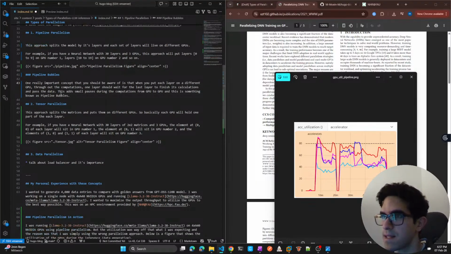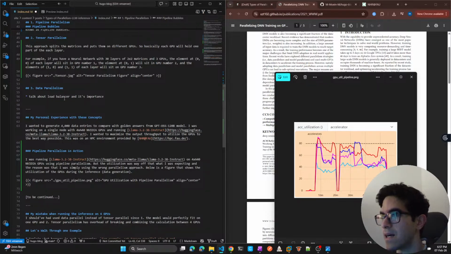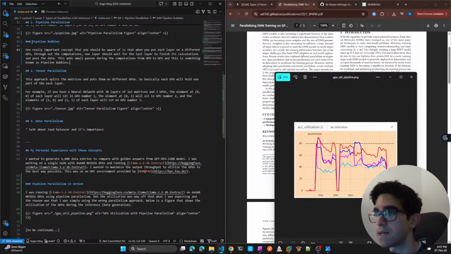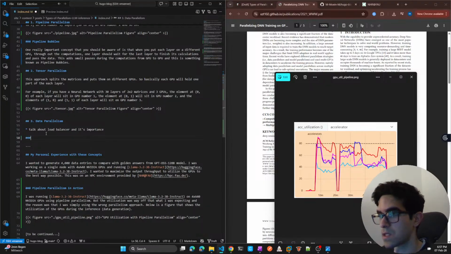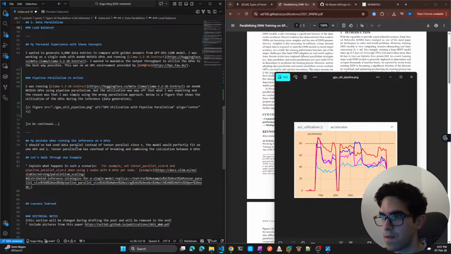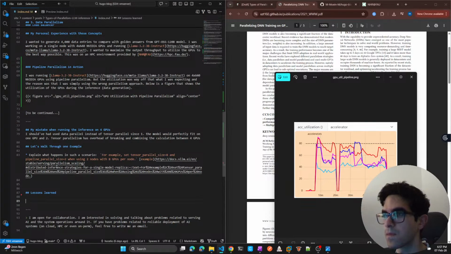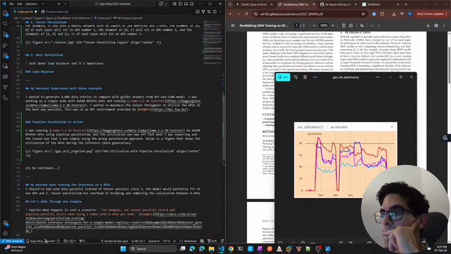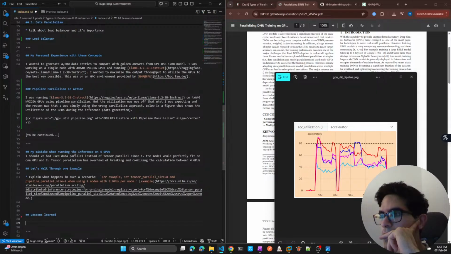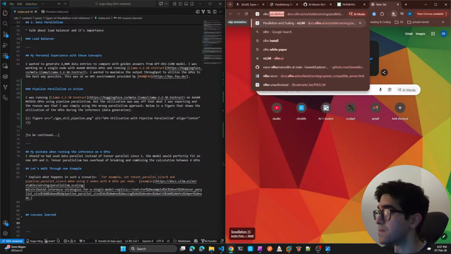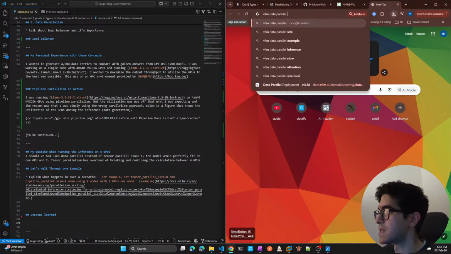Okay, and then tensor parallelism, and now data parallelism, and also we'll talk about the load balancer. LLM data parallel.